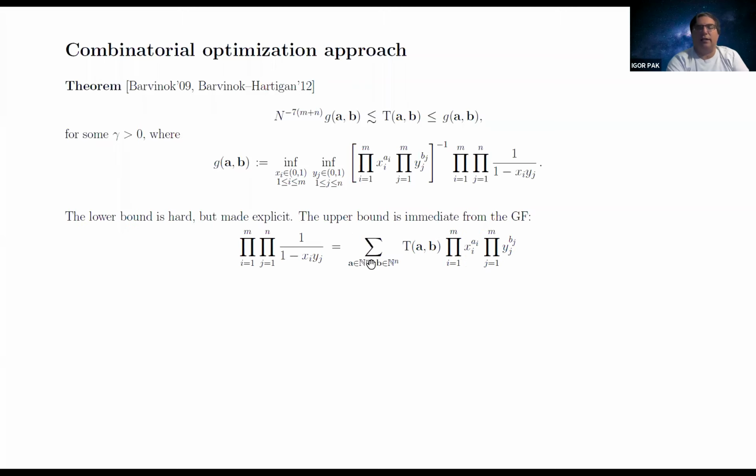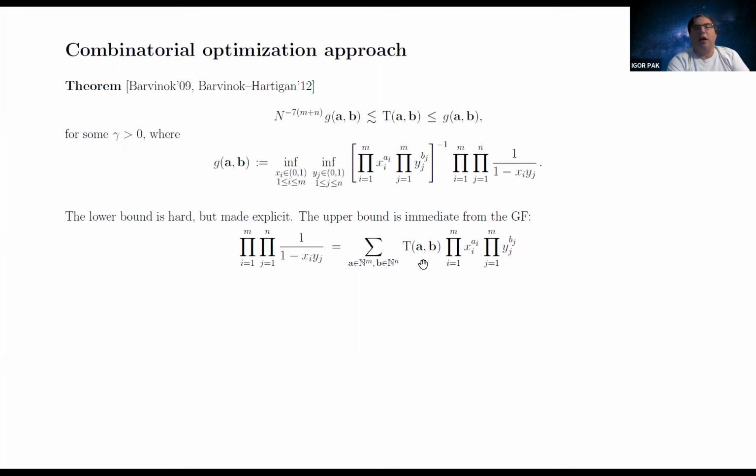Now, this formula is hard to read. The best way to understand it is to understand how you even come up with it. The way you come up with it is you look at the generating function for the number of contingency tables, a multivariate generating function by the row sums and the column sums. That's this product over there. Now what you want to do is find the best possible upper bound for this particular coefficient.